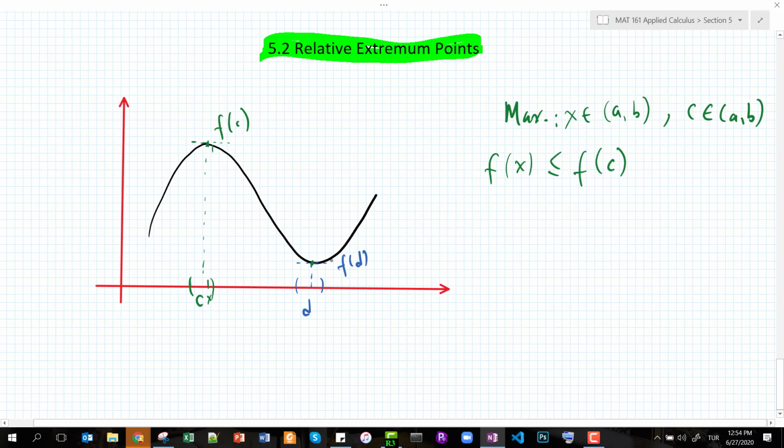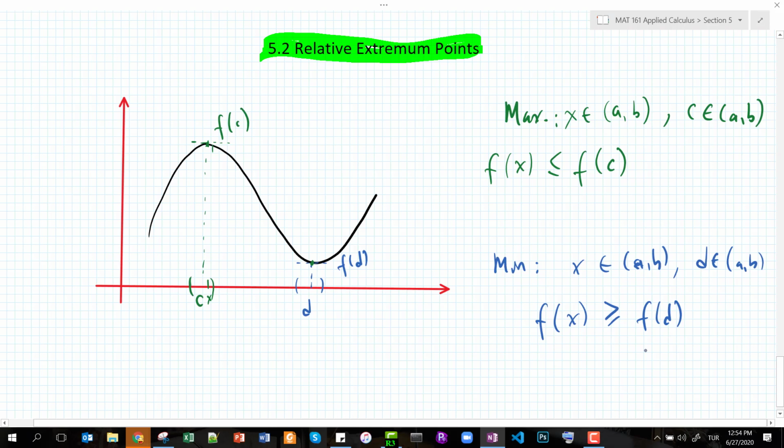Take the x value in this interval. Let's say this is also AB, and d is in this interval again. So now all the f of x values should be bigger than f of d. That is why it is a minimum.